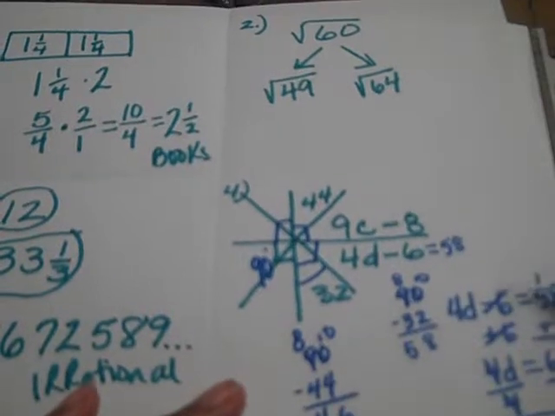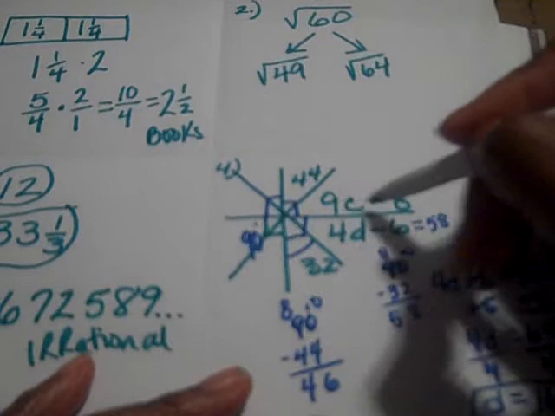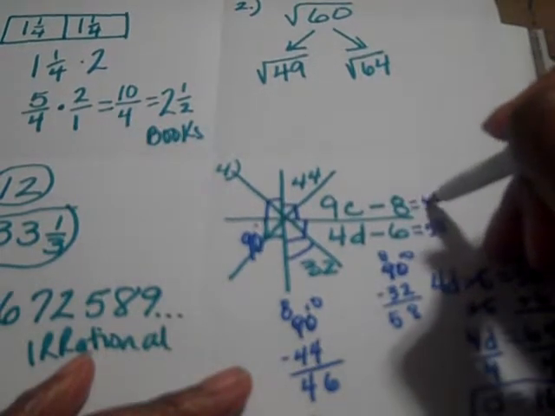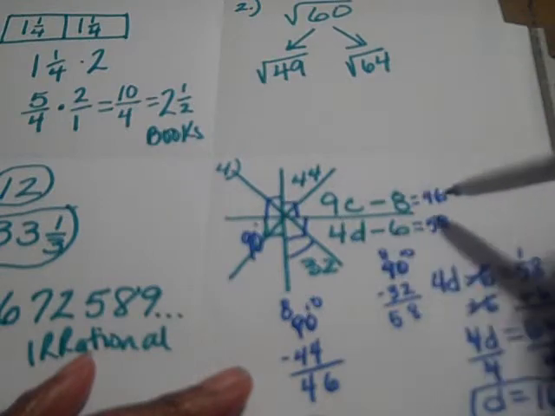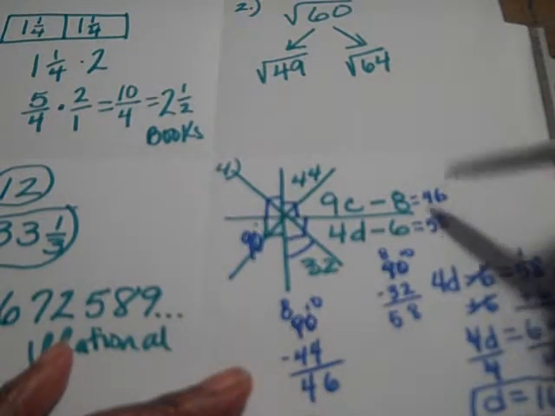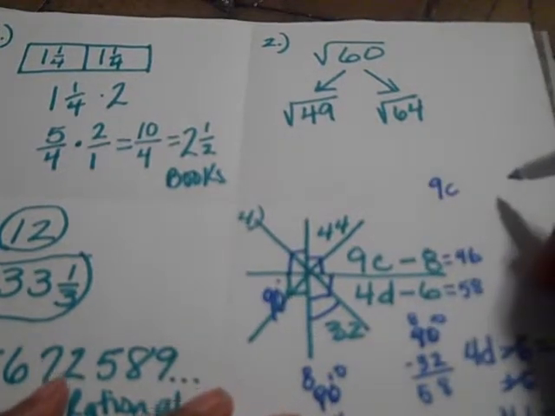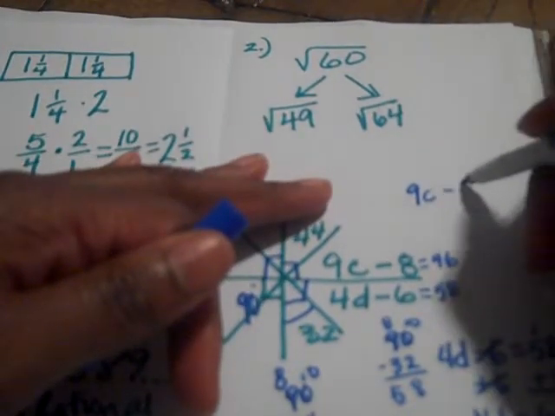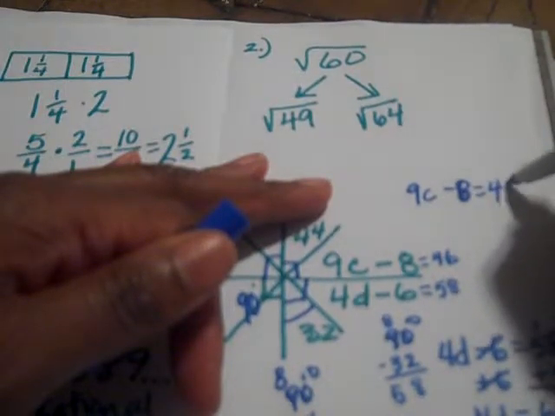And that's going to give me a value of 46. Now I know that this expression here would have to equal 46 degrees. So I take my equation and I solve for C. So I have 9C minus 8 equals 46.